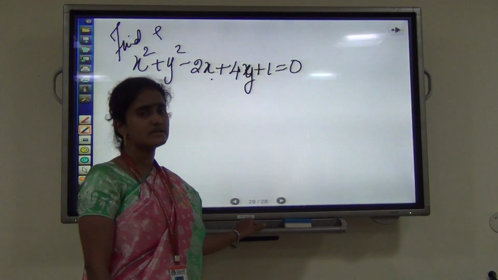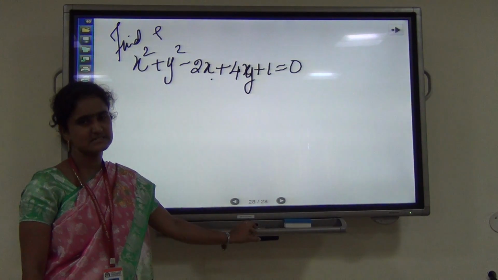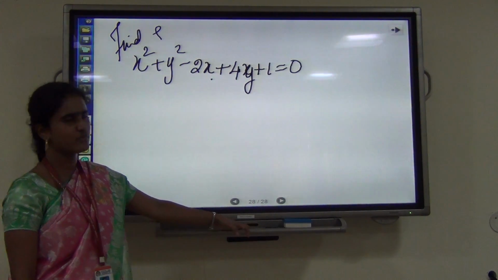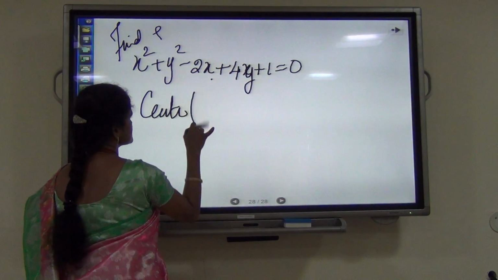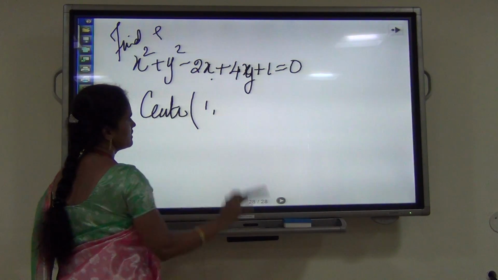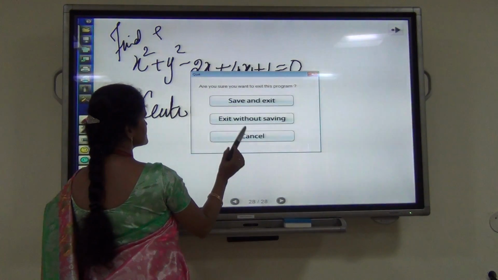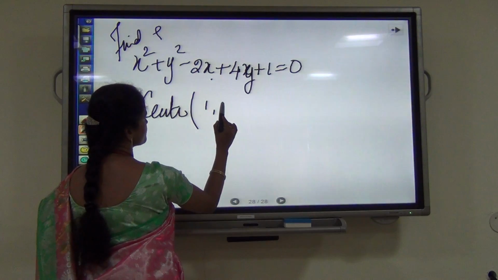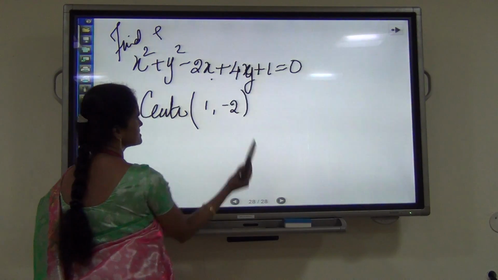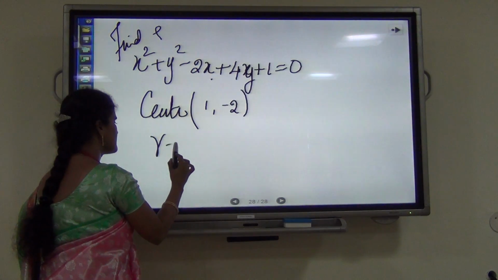Now how do you find the radius of the circle? By knowing the center and calculating with the radius formula. How do we find the center? Minus half coefficient of x, that is 1, minus half coefficient of y, that is minus 2. This is what the center is. And how do we calculate radius?